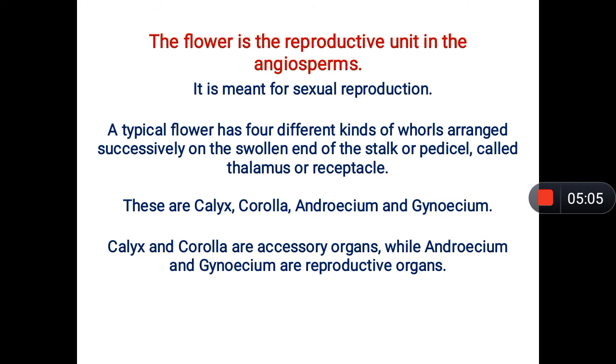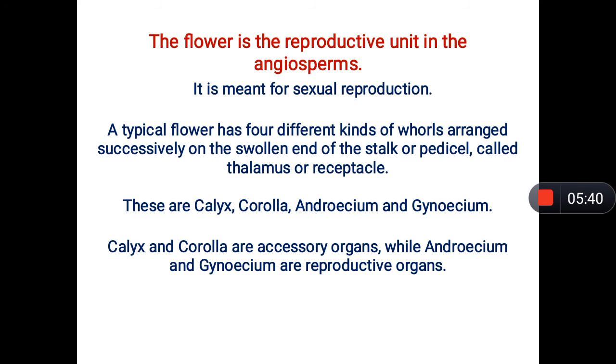Calyx and corolla are accessory organs, while androecium and gynoecium are called reproductive organs. That means calyx and corolla are the parts which do not play a role in reproduction, whereas the androecium and gynoecium play a role in reproduction.